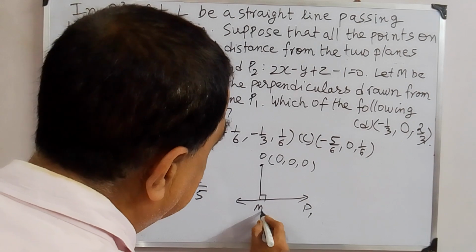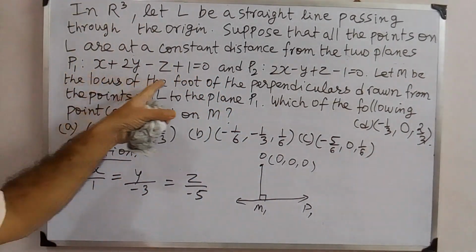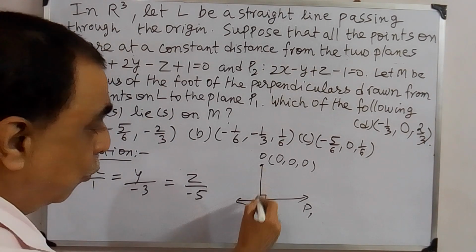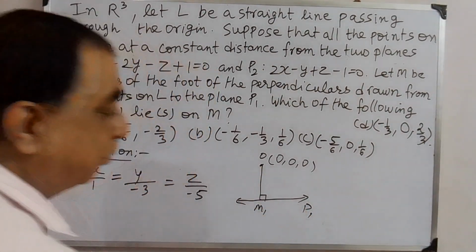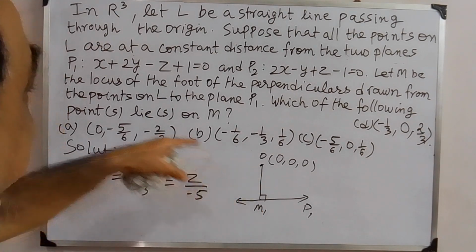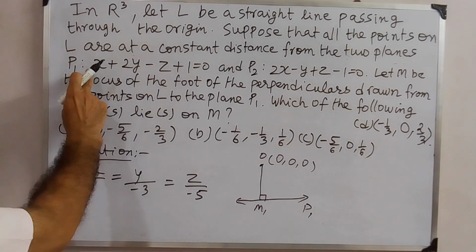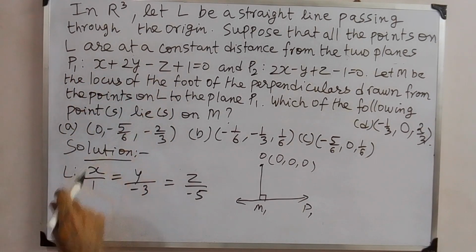Let this foot be M1, and the P1 equation is given to us. So OM is perpendicular to P1, so the vector OM will be parallel to the vector which is normal to the given plane.